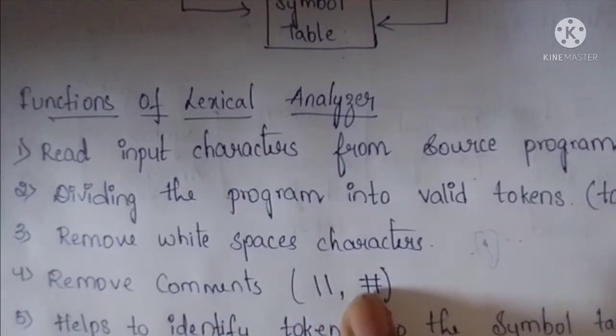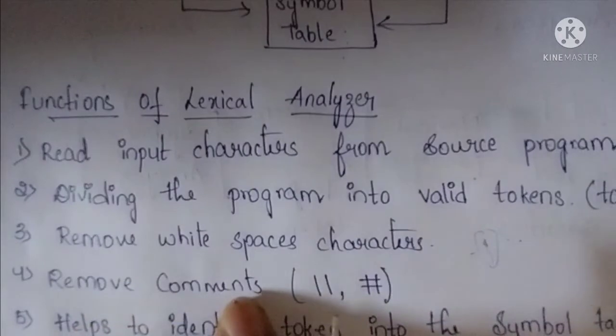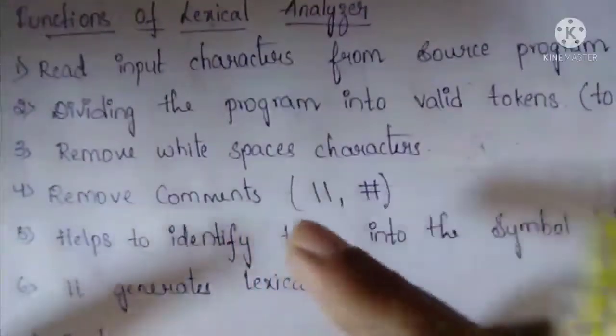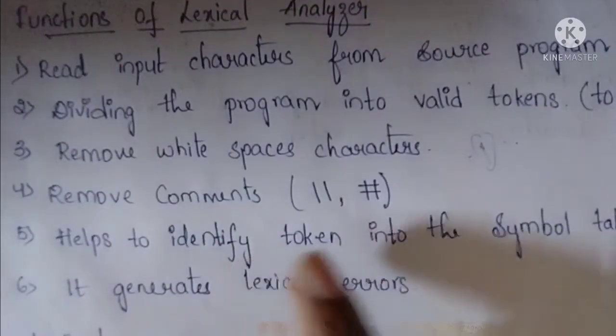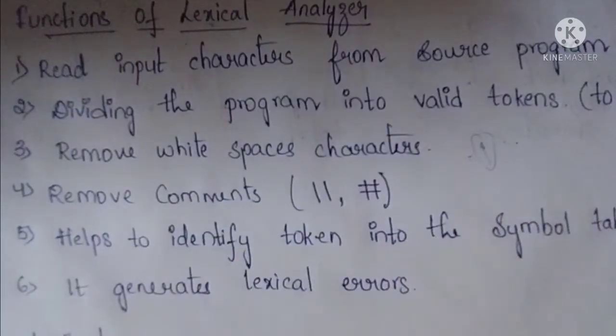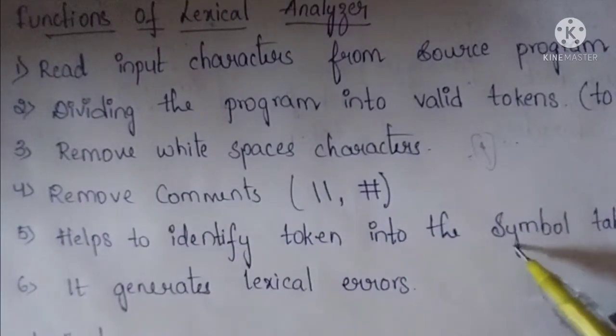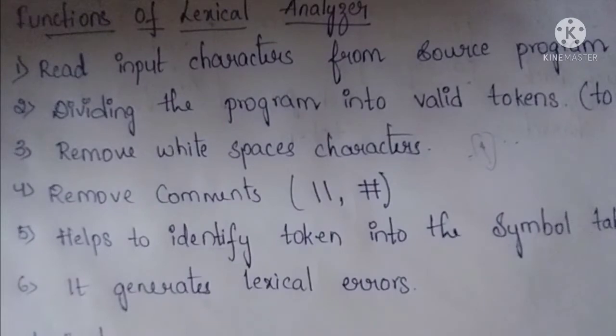While writing any program, we use comment lines. It is the role of the lexical analyzer to remove these comments, and it will help identify tokens and store them in the symbol table.